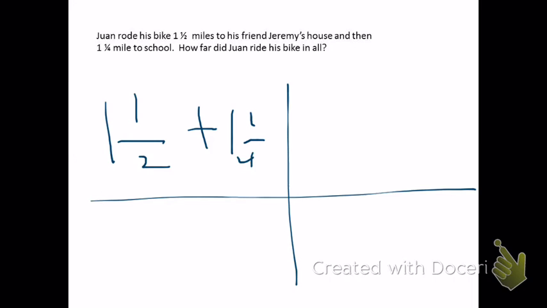I did the least common multiple is 4, because 2 goes into 4. Pick one problem. Have somebody at your table read the problem and solve it together while we're waiting, okay?